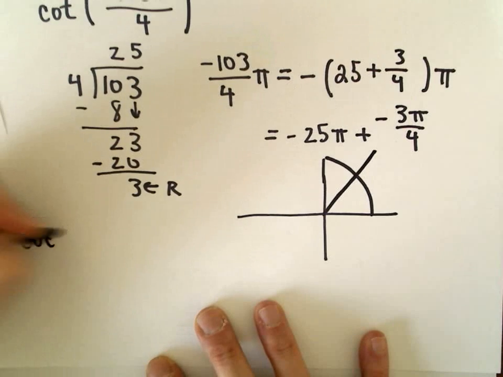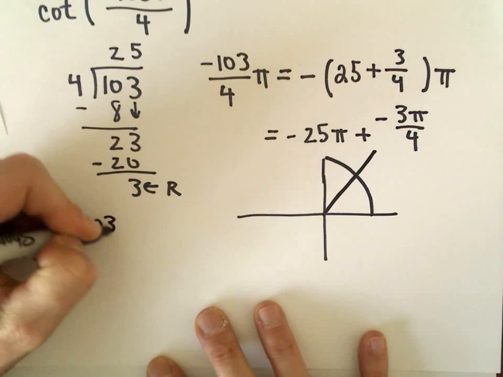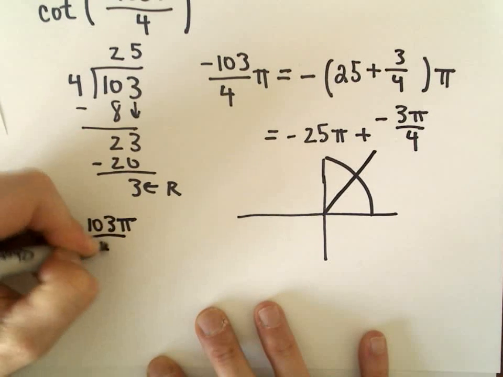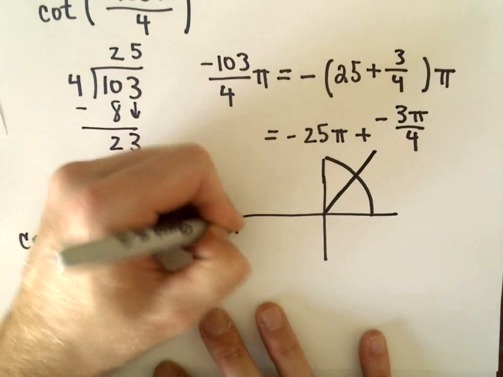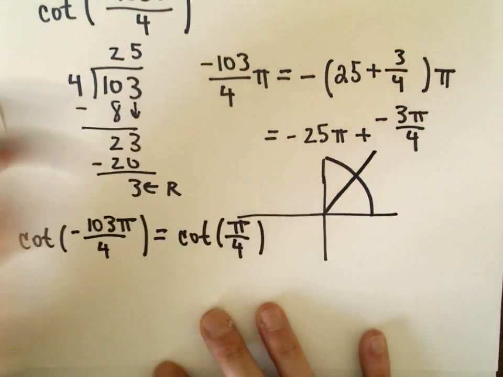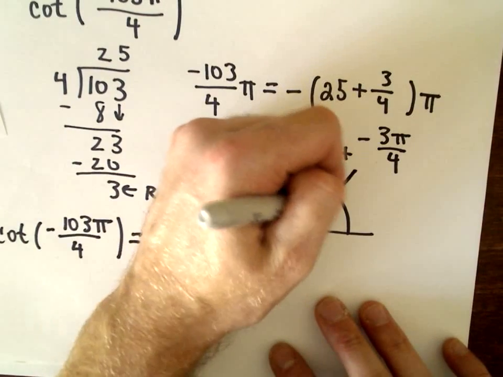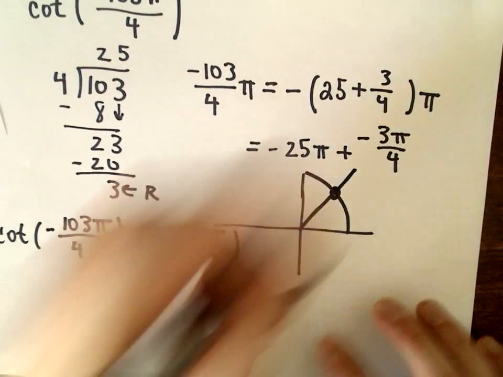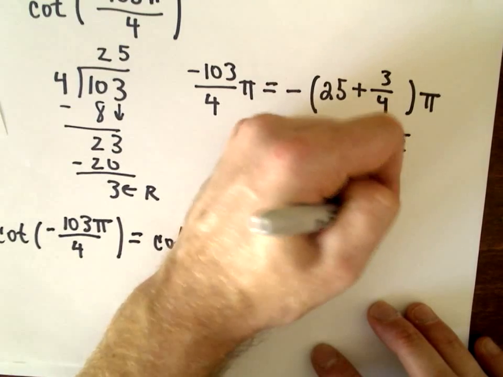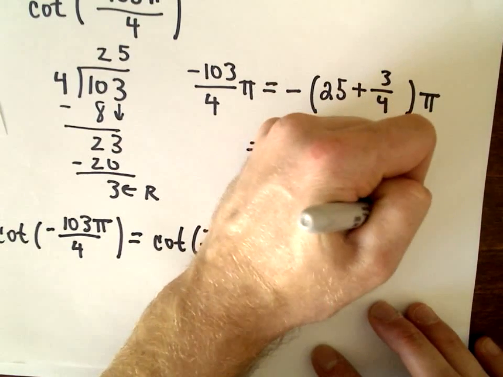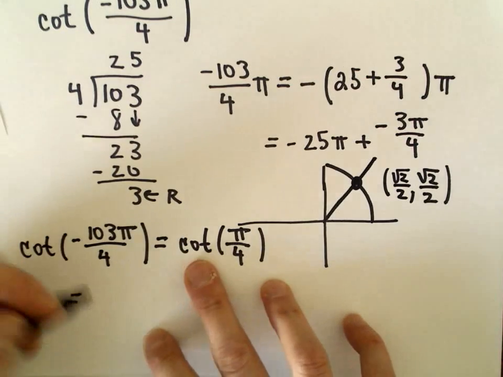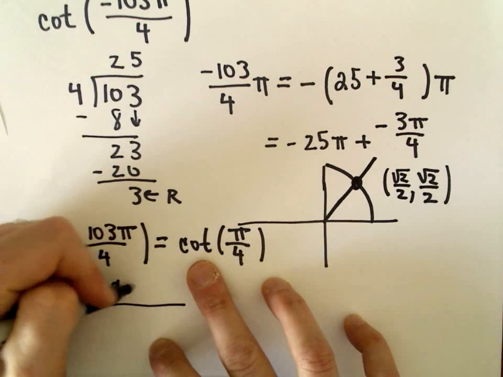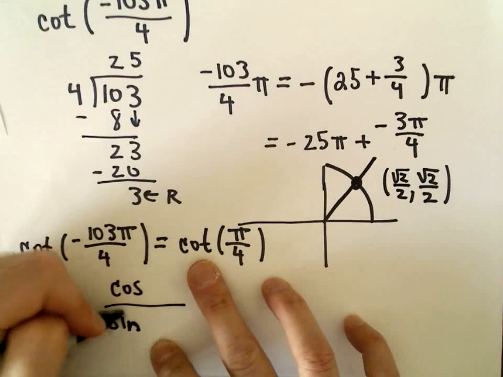So cotangent of negative 103 pi divided by 4, that's going to be the exact same value as cotangent of pi over 4. Okay, well, again, at pi over 4, that's root 2 over 2, root 2 over 2. So tangent is sine over cosine. Cotangent is defined to be cosine over sine.